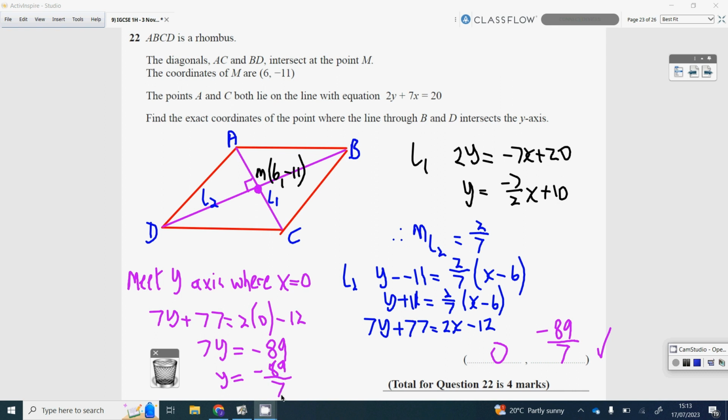So the coordinate where it meets the y-axis is (0, -89/7). Looking at it again, it might have been simpler if at this point I just added 12 to both sides, having 7y + 89 = 2x, but it didn't matter. At the end of the day, you get an equation for L2. It meets the y-axis where x equals 0, so substitute x being 0 into this to give you the y value.